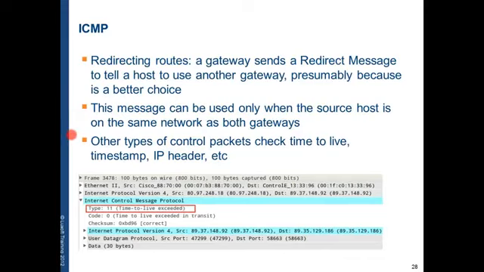Another type of packet, the control packets that ICMP sends, are to check the time to live, the number of hops between the source and the destination. Also the timestamp, which refers to the clock that is configured on both devices, and we want to check if they are synchronized, and a lot of other information that is defined in the RFC of this protocol.